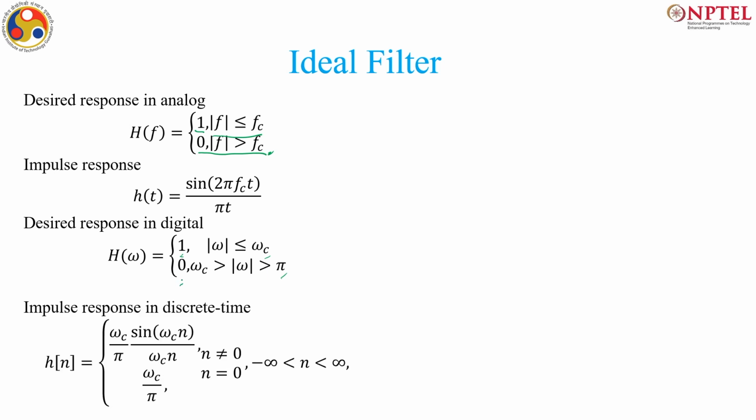And its impulse response in discrete time will be, well, this is the value, because this sinc function will become 1 because of this limit, so at n equals 0 this is the factor omega c by pi, and I have taken this out just to make this a proper sinc function. At n not equal to 0, the response of the filter is omega c by pi times sinc of omega c n.